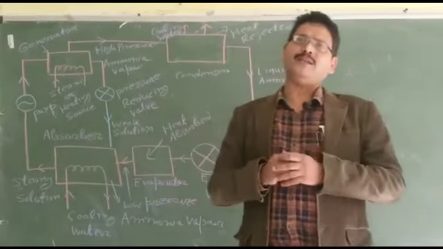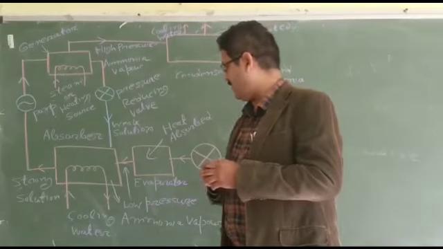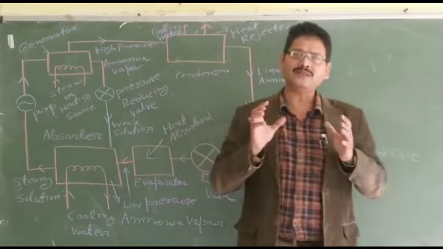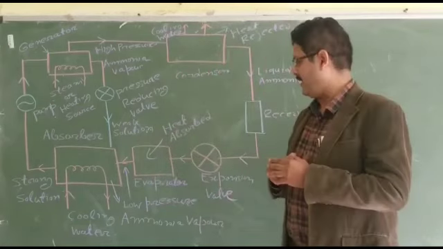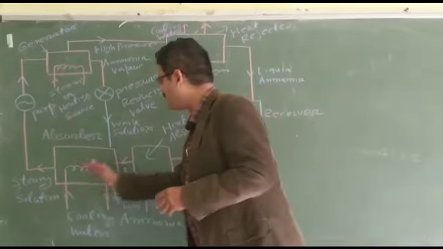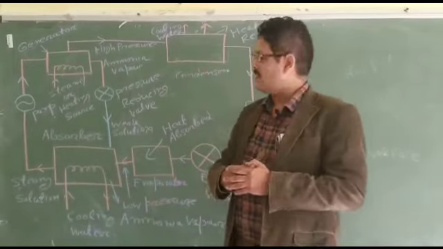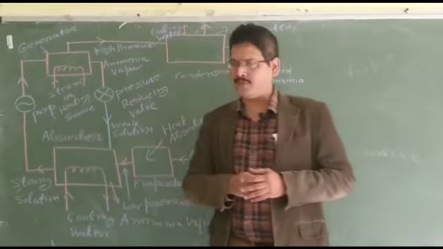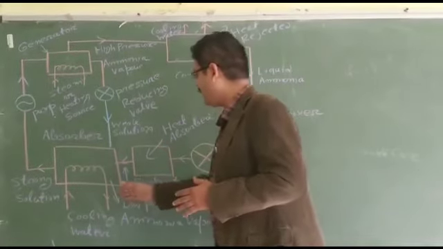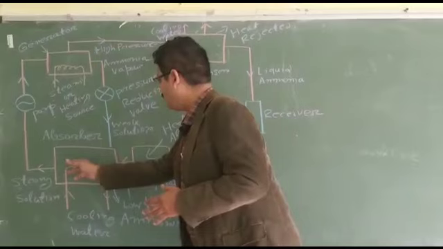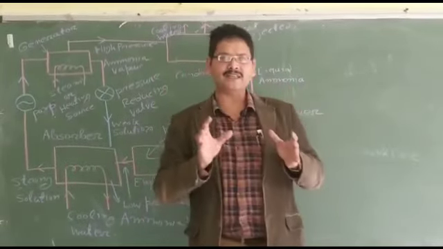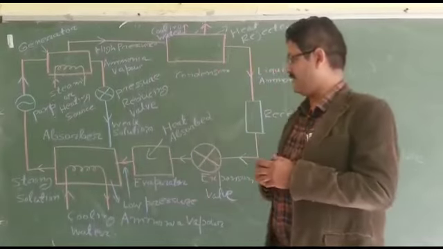But one important thing that we need to remember is that at high temperature water loses its ability to absorb ammonia. So you have to provide some sort of cooling arrangement so that the heat of the solution evolved is removed. You can see the cooling water arrangement. Water is coming into the system and leaving the system, thus carrying the heat and maintaining the desired temperature.